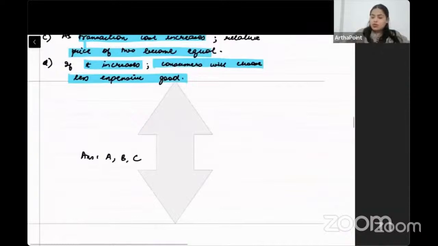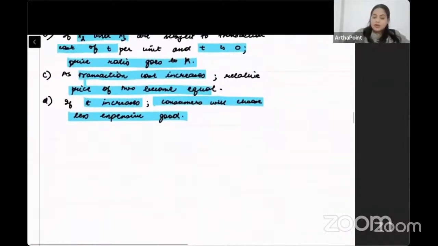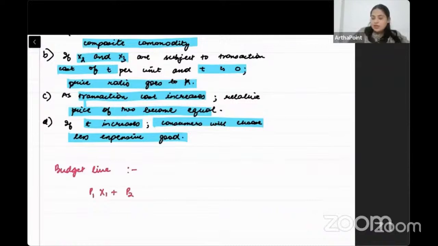Let me show you how the question is to be interpreted. Pay attention. Try to understand what I am given. So imagine the budget line. The budget line is going to be P1 X1 plus P2 X2 plus P3 X3 is equal to income. This is my budget line.